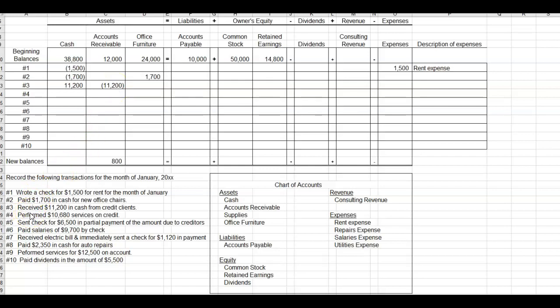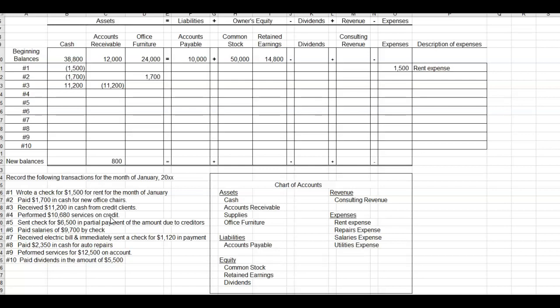Transaction number 4. We performed $10,680 services on credit. What two accounts are involved, and did their balance increase or decrease? When we perform services on credit, it means that we have earned the income, but we will receive payment from our customer later.